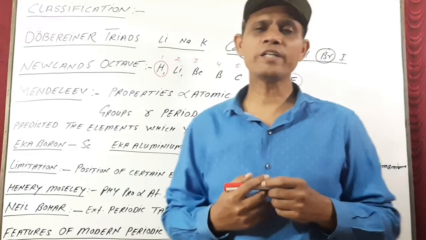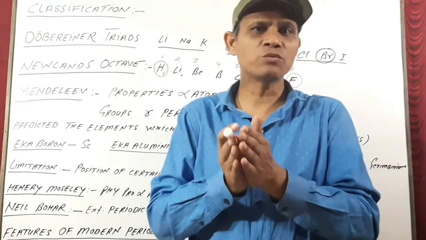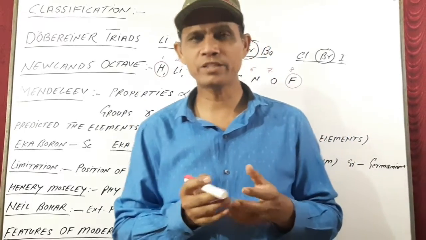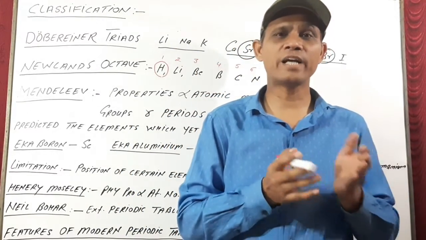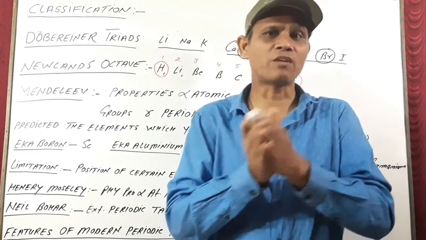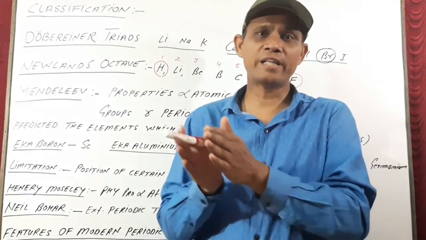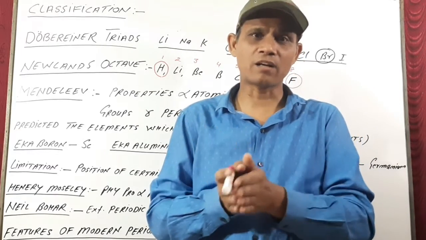Now the advantage of Mendeleev was, he was the scientist who predicted some elements in advance, elements that were not discovered at that time and were discovered afterward, but he predicted them in advance and he named them as Eka elements.